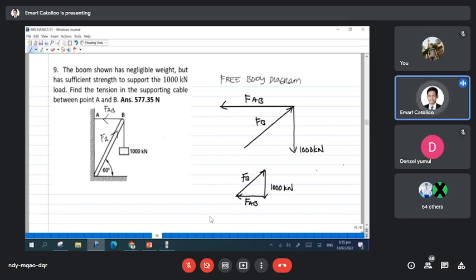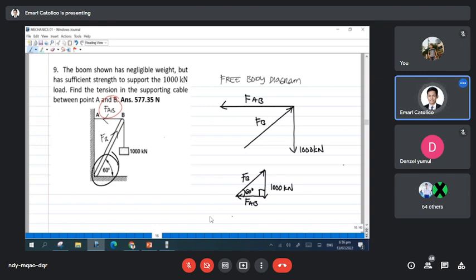Okay, ano bang tinatanong? Find the tension in the support cable between point A and point B. So, ang tinatanong dyan, problem is force AB. So based dito sa ating triangle, no? So para ma-solve si force AB, gagamit tayo ng anong magandang gamitin? Tangent. Kasi meron tayong angle of 60. So tangent theta ang magandang gamitin. Okay?